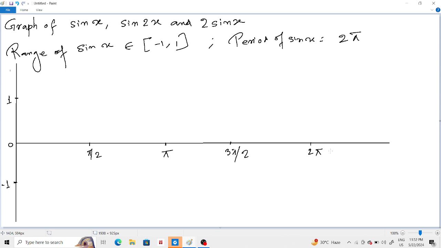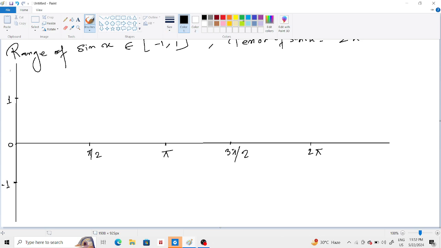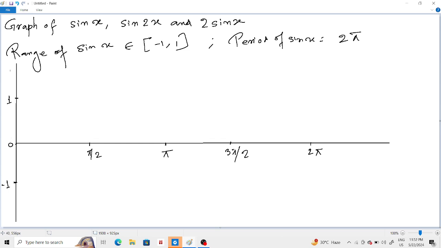Now if we find out the values of sin x at these various points, we will see that sin 0 is actually 0. So let me take a different color, for example, for sin x, let me take green. The value of sin 0 is 0. The value of sin pi by 2, that is 90 degrees, sin 90 is 1. The value of sin pi is again 0.